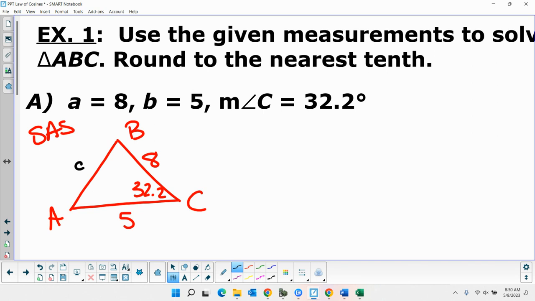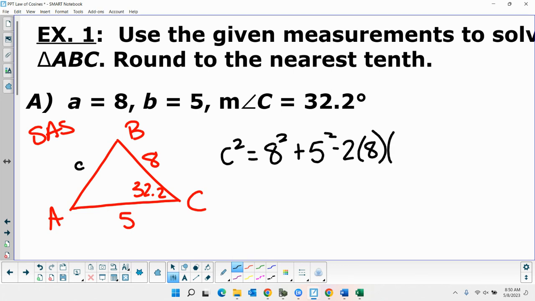So I'm going to use the one that starts out C squared. Okay? C squared equals A squared plus B squared minus 2 times A times B times the cosine of angle C. And you put all that in your calculator.